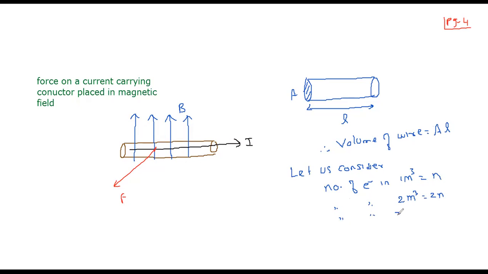Number of electrons in 3 meter cube? 3N. And so on. What is number of electrons in AL meter cube? For 1 meter cube, it is N. So ALN, correct. In the wire, ALN is the total number of electrons. So I can take it as capital N.